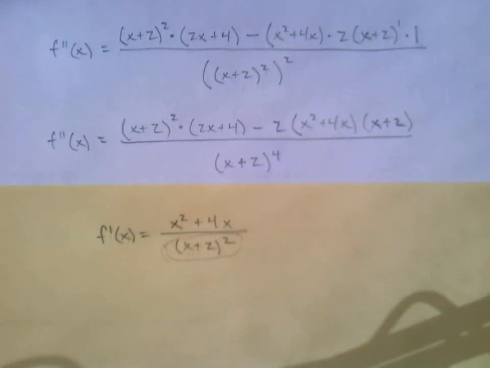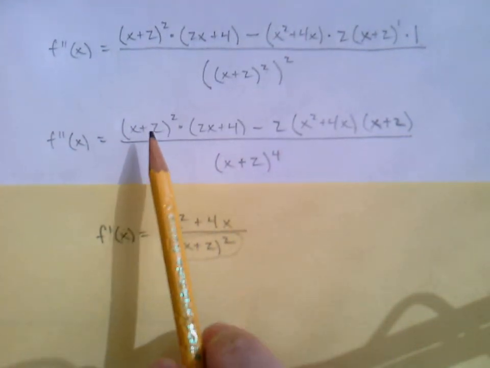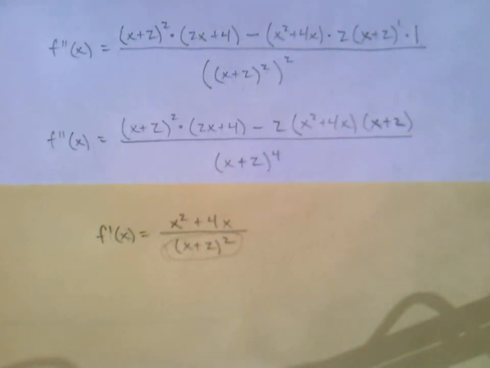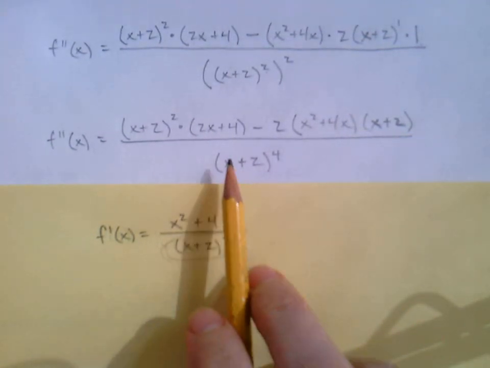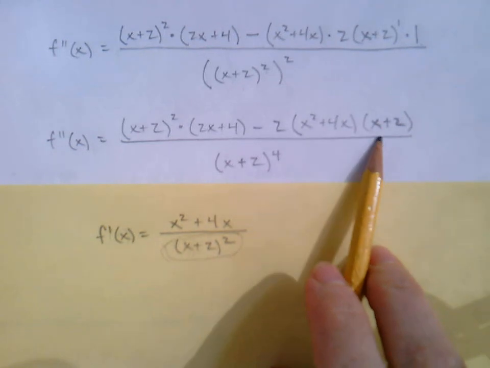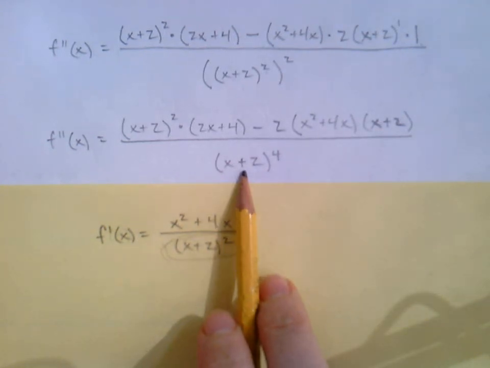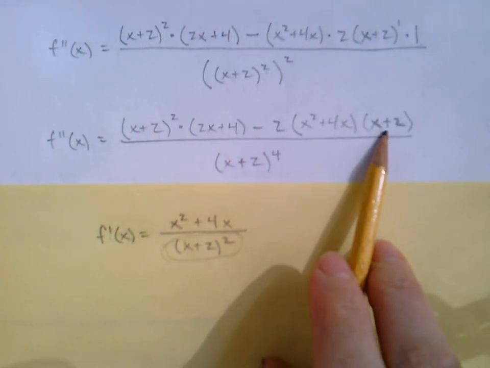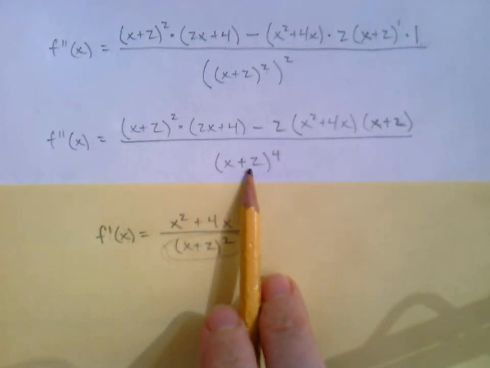Okay. Now it turns out this will simplify a bit before we have to multiply all of that numerator out. Check this out. Each term has x plus 2. X plus 2 squared, x plus 2 to the first, x plus 2 to the fourth.